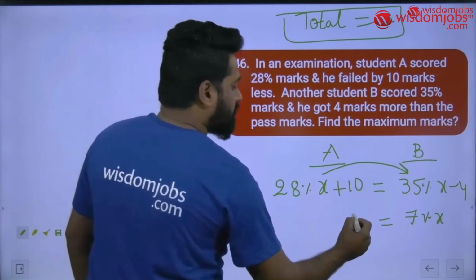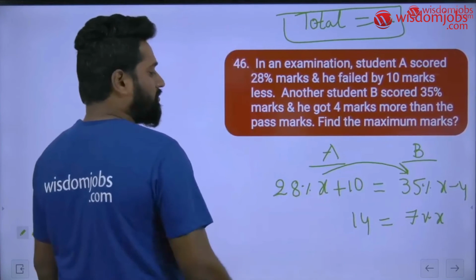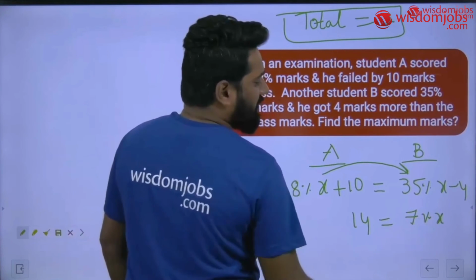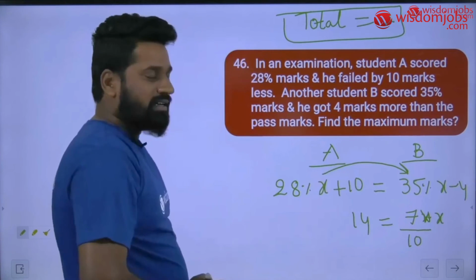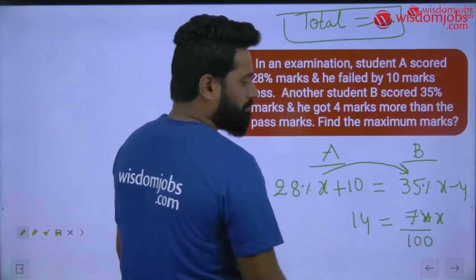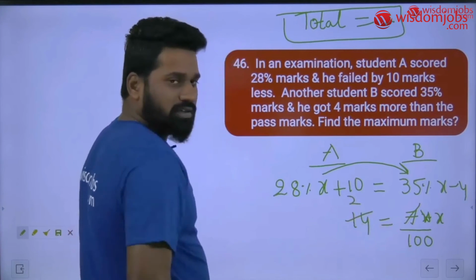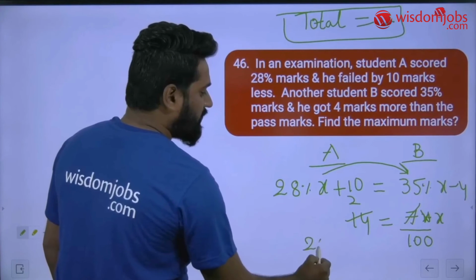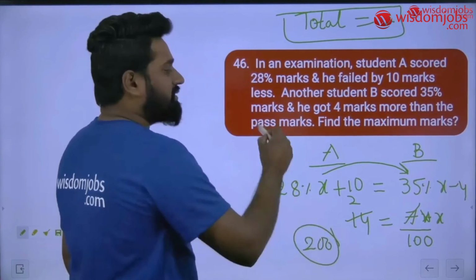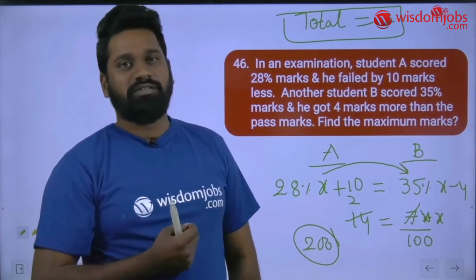So 10 plus 4 is 14. 7% of x is equal to 14. 7% is nothing but 7 by 100. So 7 ones are 7, 7 twos are 14. So x is nothing but 100 into 2. So you will get 200. That indicates the maximum marks of the examination.